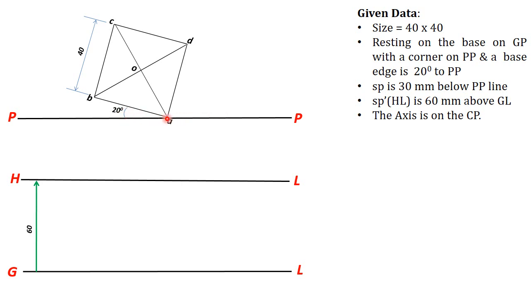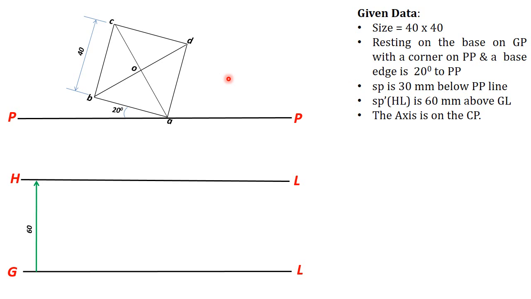So first draw this line by putting a point here at 20 degrees with the PP. Draw the AB line with 40 mm size, then complete this base. Mark O here at the center. These are the slant edges, these are the base edges.